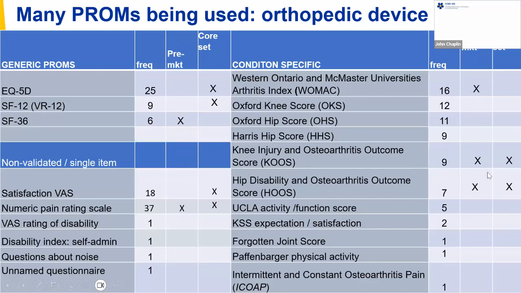Here we also see the same thing, and the other column that I've included here is core sets. So recently there has been a lot of work on looking at what questionnaires could be used, the minimum number of questionnaires and minimal information that should be used when collecting PROM data. And ICHOM is a large example of these core sets that have been developed.